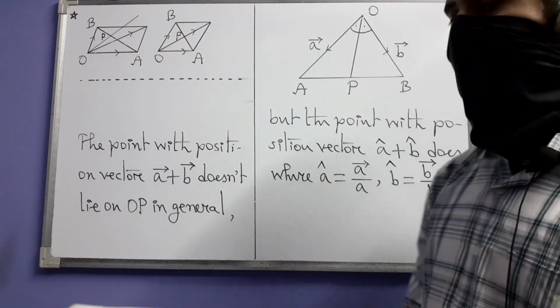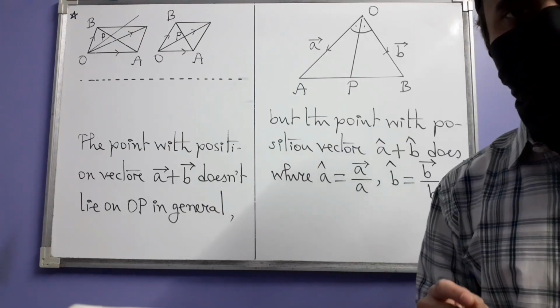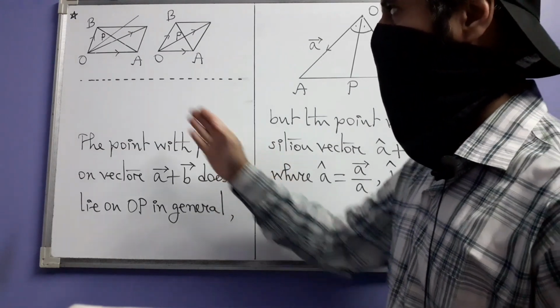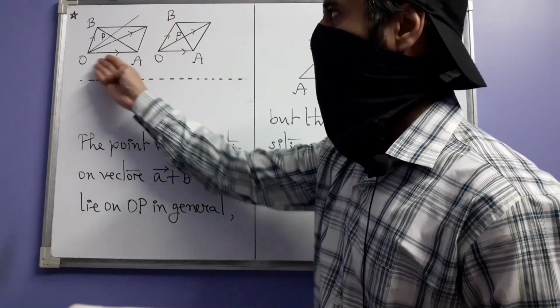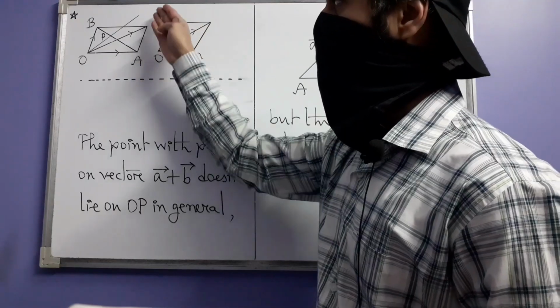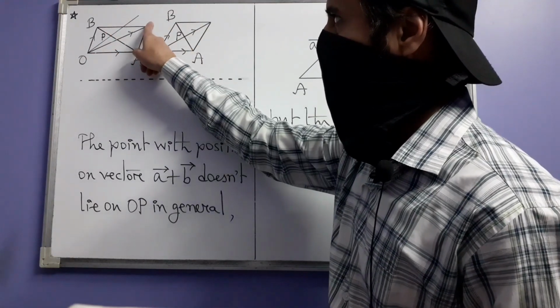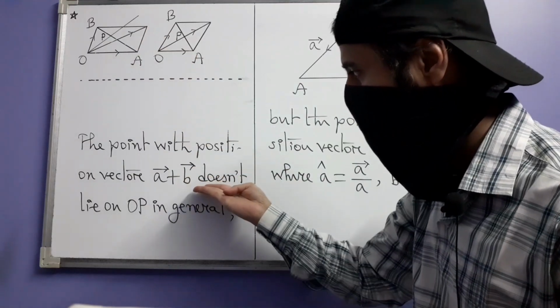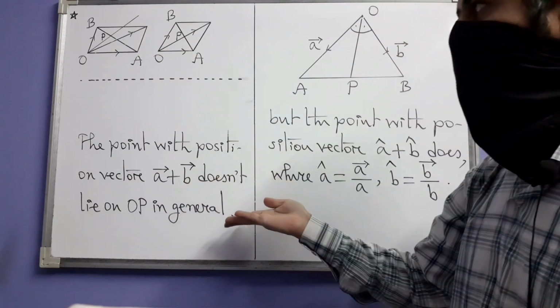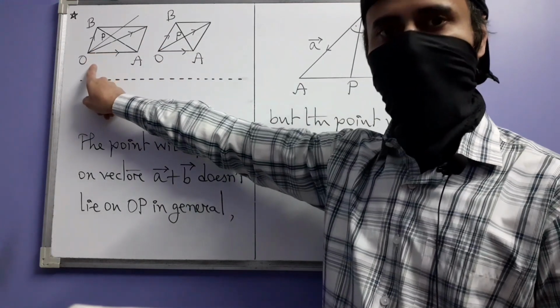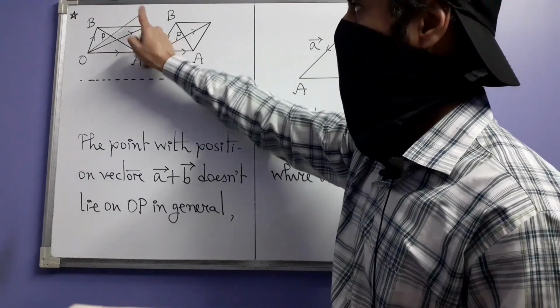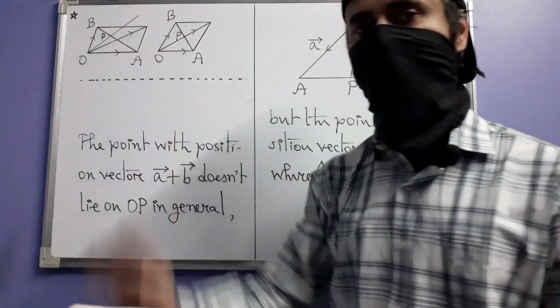And once you do that, what does the definition of vector addition say? It says that the sum is this vector, this one plus this one. Okay, so this is the point having this vector as its position vector relative to O. This point does not lie on OP.